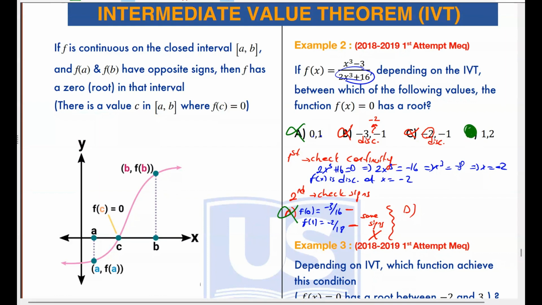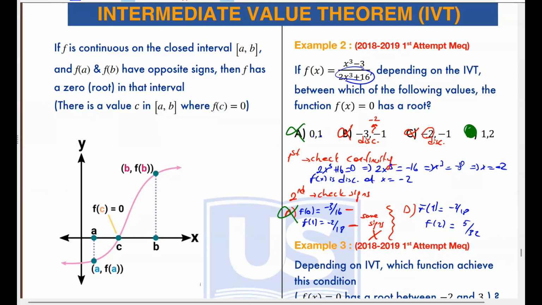Let's make sure. When you check D, you are going to check the sign of f of what? 1 and f of 2. f of 1, I already got in the previous part, negative 2 over 18. f of 2, 2 cubed, 8, 8 minus 3, 5, divided by 2 cubed, 8 times 2, 16, 16 plus 16 makes 32.